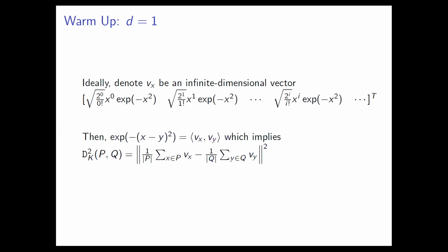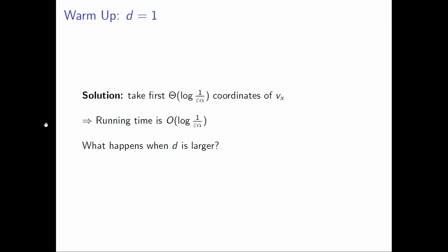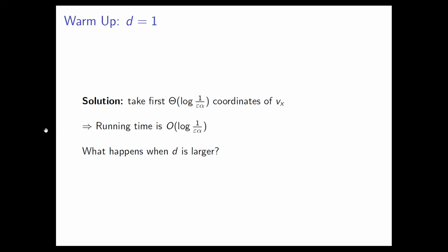So basically, Vx could be the lifting map F. But we want a finite dimensional vector because we want to actually do the computation. So now, a simple solution here is we can take the first log 1 over epsilon alpha coordinates of Vx. But the running time would be log 1 over epsilon alpha.